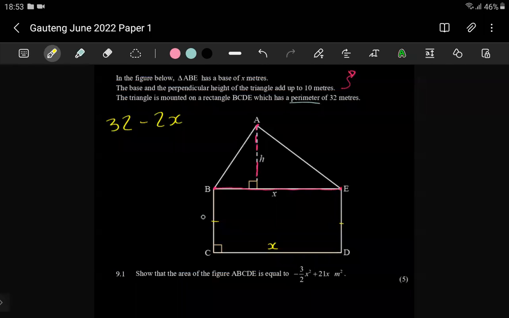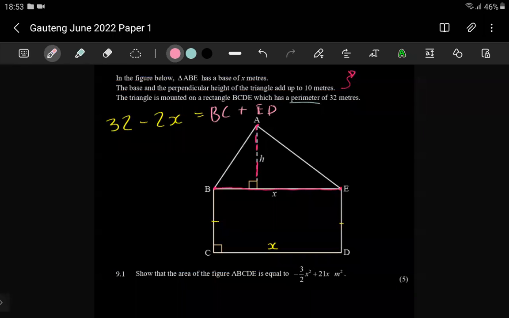So the distance of BC plus ED is 32 minus 2X. ED and BC put together is equal to 32, which is the whole thing, minus 2X.